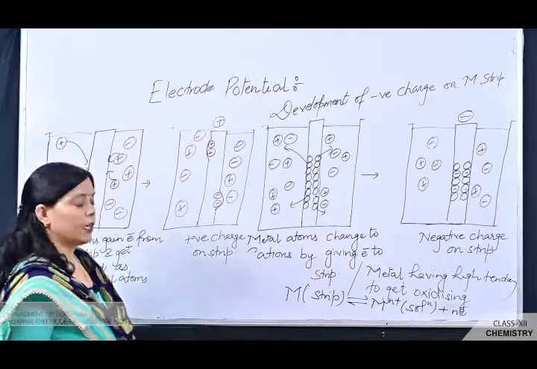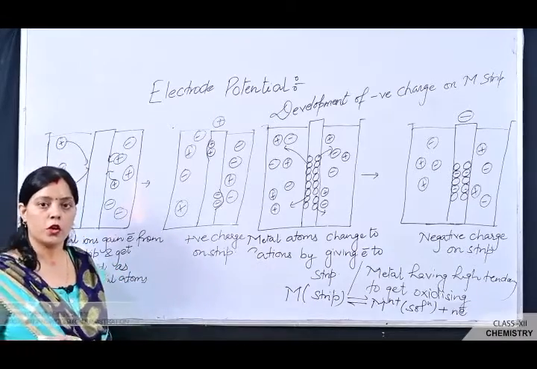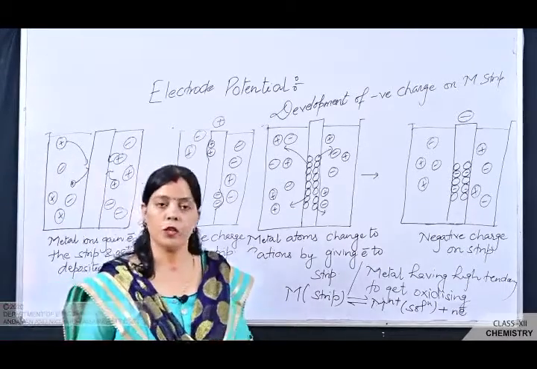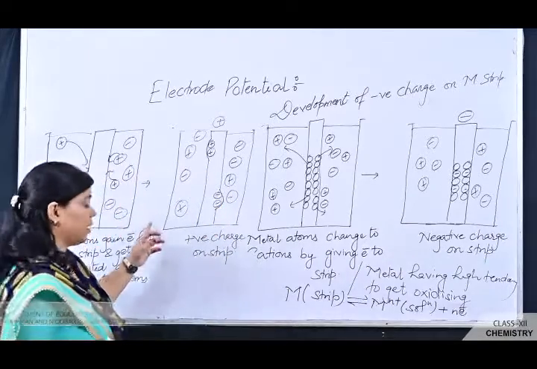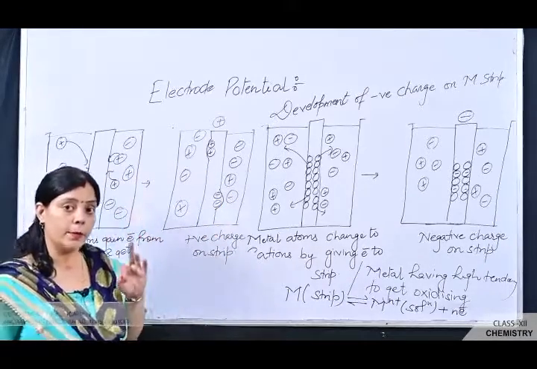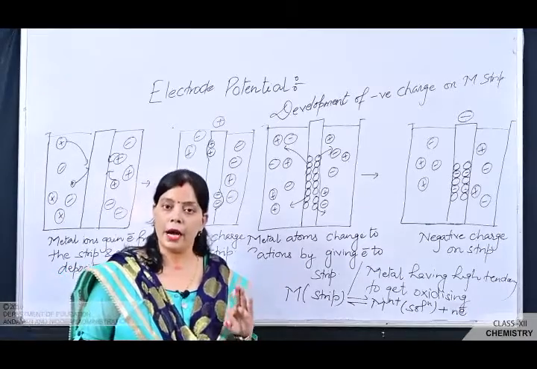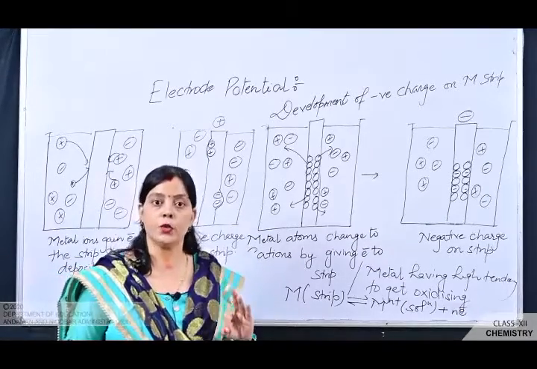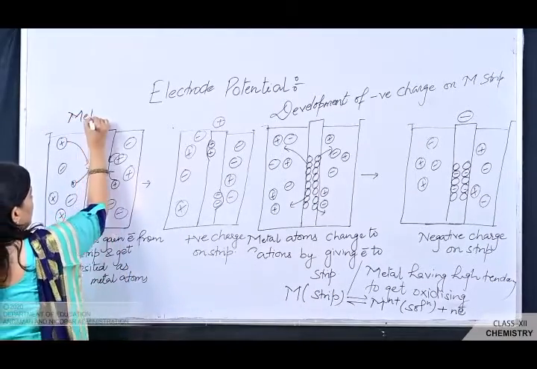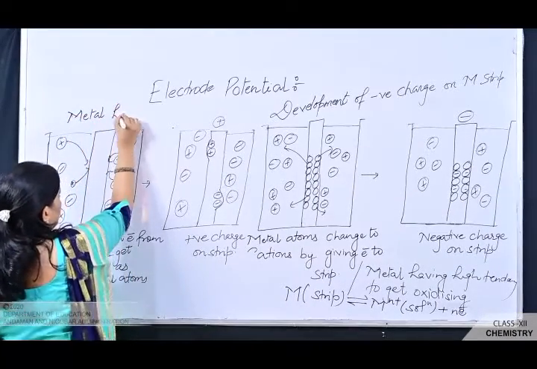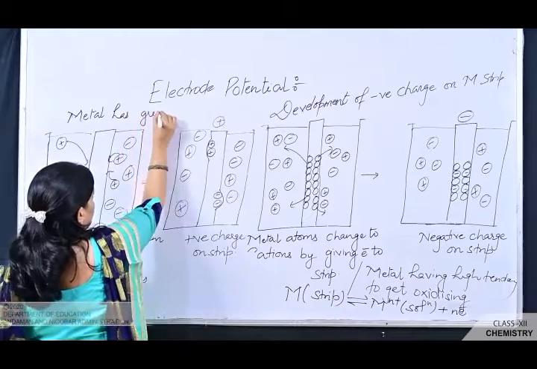Next is the development of positive charge on the metal strip. How is positive charge developed on the metal strip? Similarly, in the development of positive charge, the metal ions have a greater tendency to get reduced.